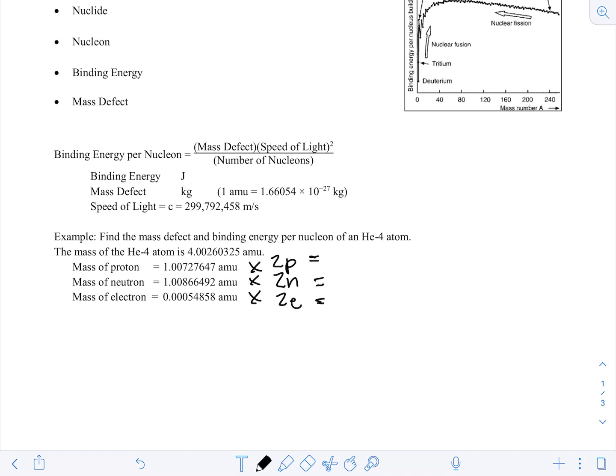So I'm going to essentially double each number, and when I double the protons I get 2.01455294 AMU. And then when I double the neutrons, I get 2.0173284. I'm sorry, 2984.